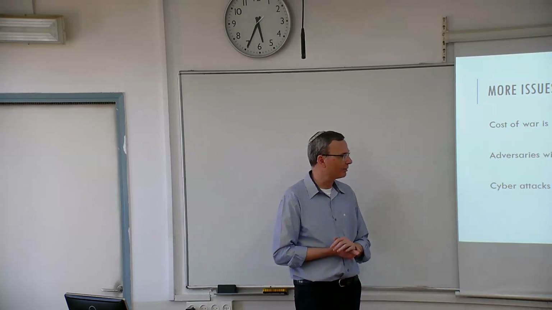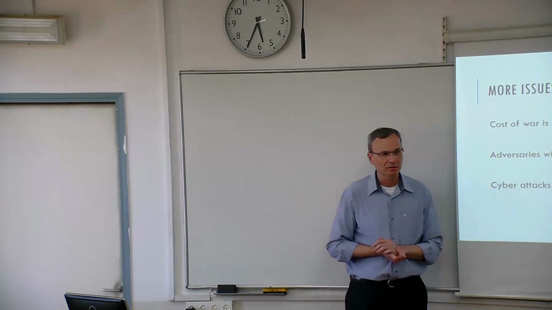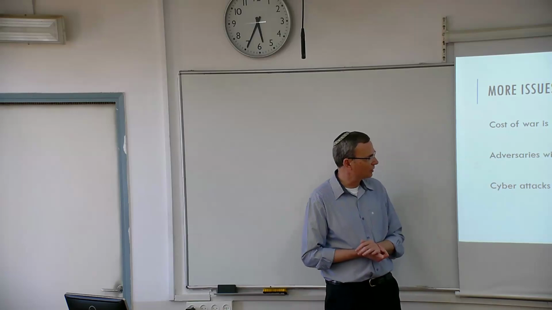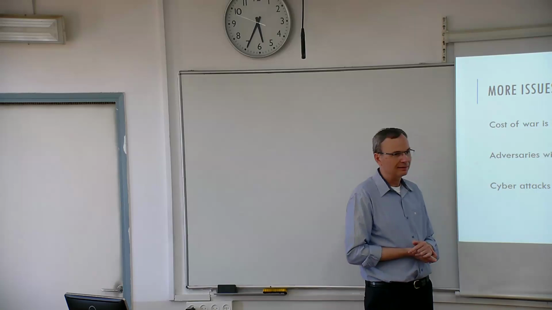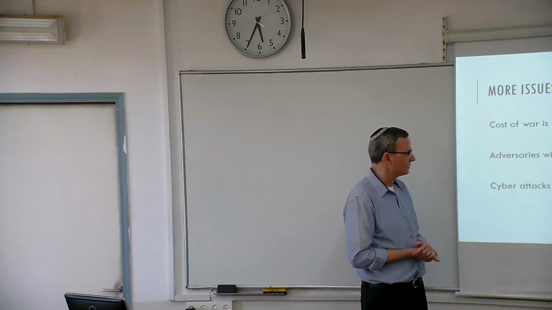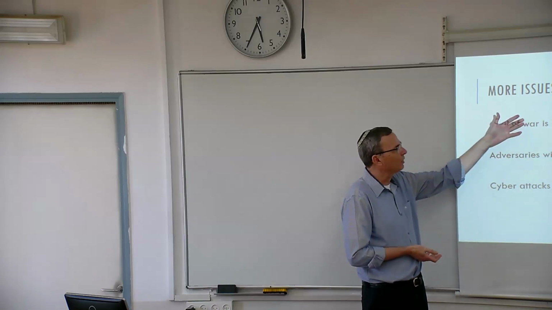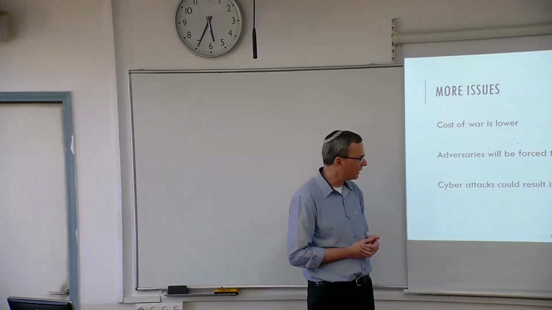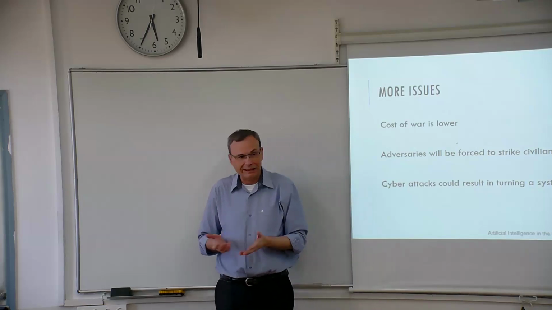Adversaries will have a problem fighting these armies because usually in wars, we try to kill the soldiers of the opponent army, but those are robots. So it means that countries that do not allow or cannot afford this type of army will be forced to strike civilian targets, because what else can they do?